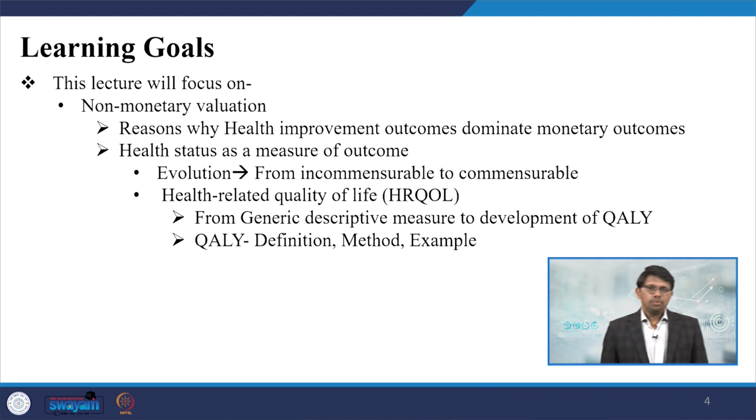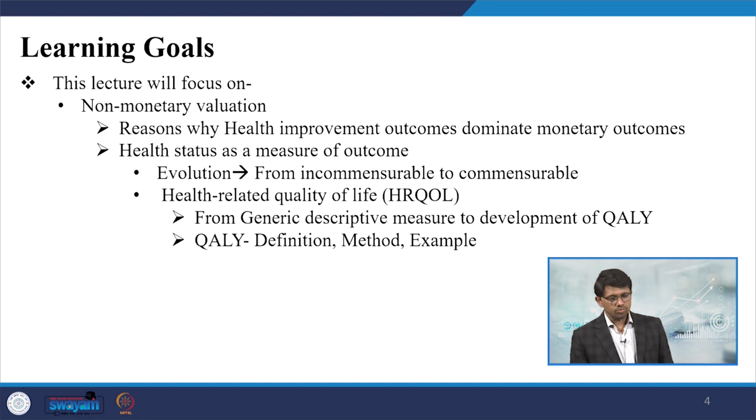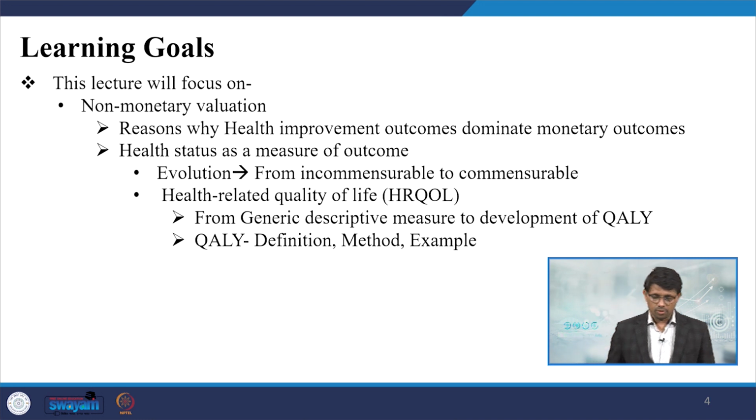So, in this lecture we are emphasizing the non-monetary valuation methods. Why are non-monetary valuations in most cases considered dominant as against monetary outcomes? There are many ways of understanding non-monetary indicators. We will study health status as a measure of outcome, and its evolution from incommensurable to commensurable approaches.